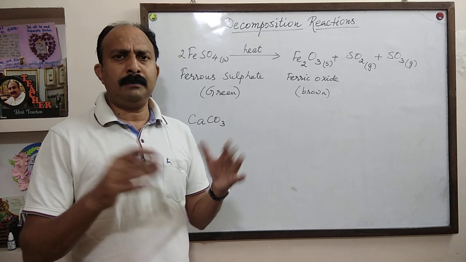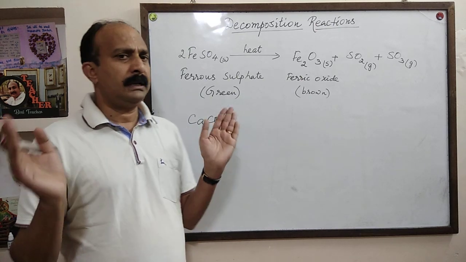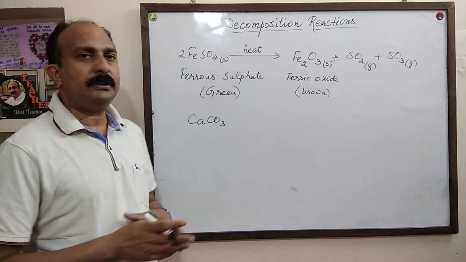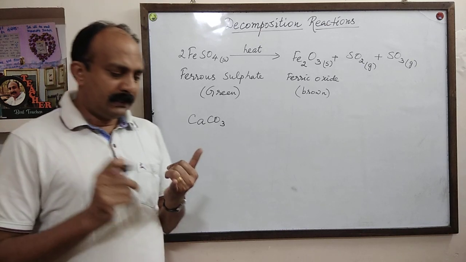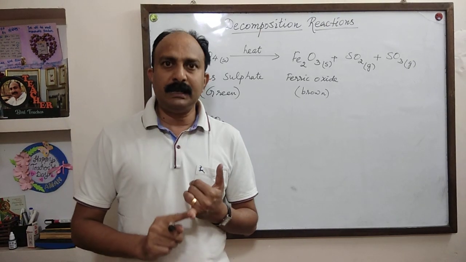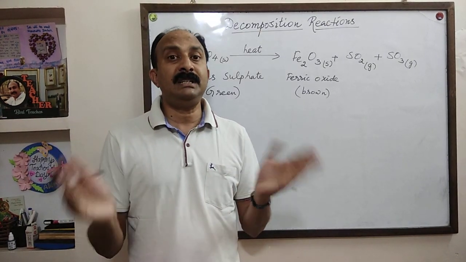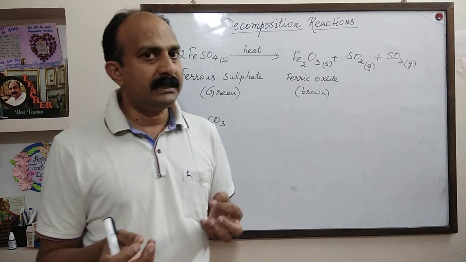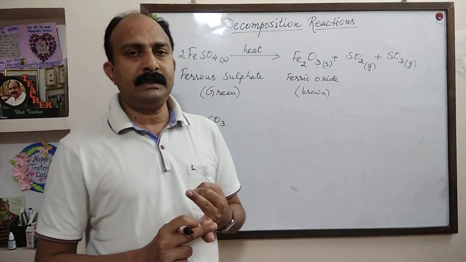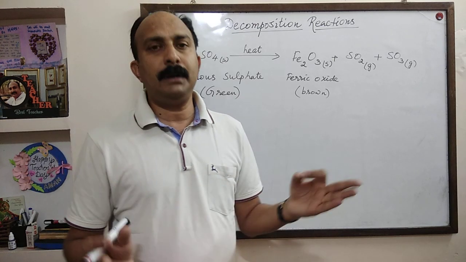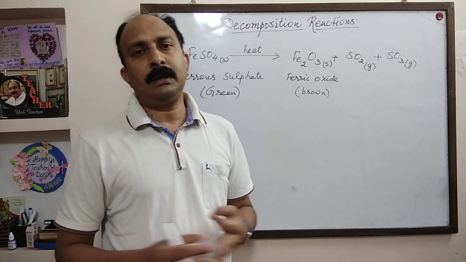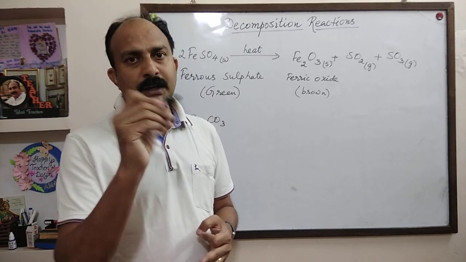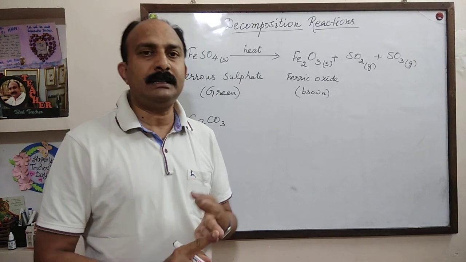It is found in Madhya Pradesh, Uttar Pradesh, Rajasthan. There is a lot of deposit of limestone. This limestone is chemically same as your seashells. Seashells is also calcium carbonate. And our marble is also calcium carbonate. Chalk, white chalk, is also chemically calcium carbonate.